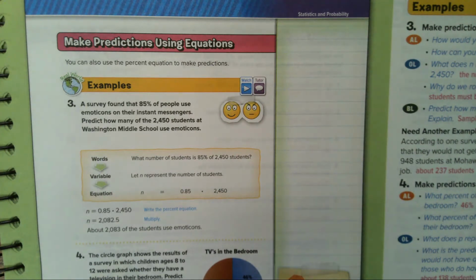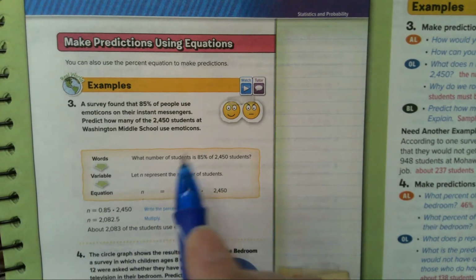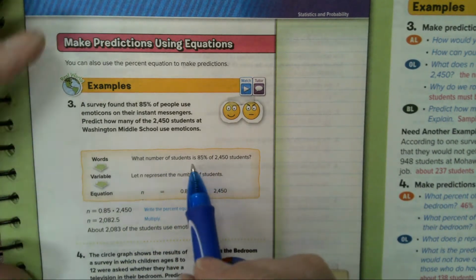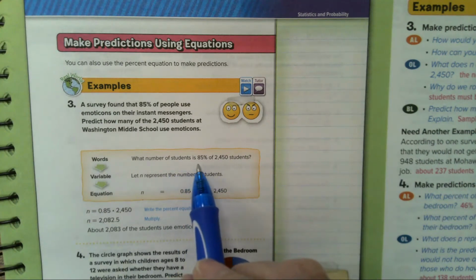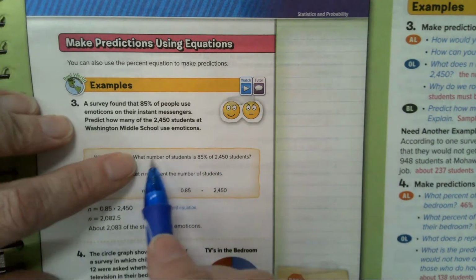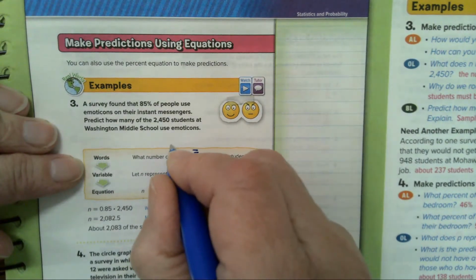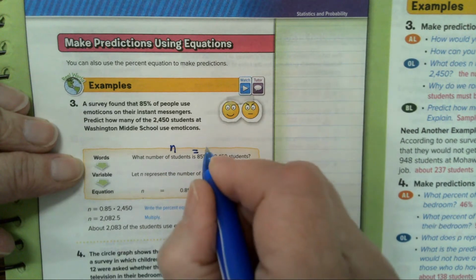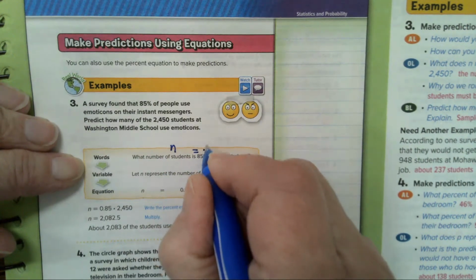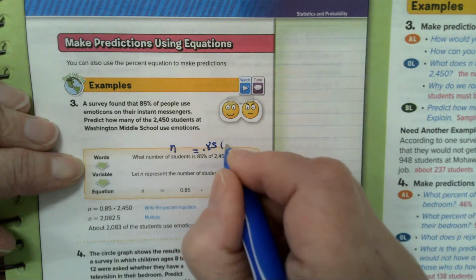All right, so what number, that's your N, of students is 85%? Is means equals. So N equals, change your percent to a decimal, 0.85. Here of means multiply 2,450.